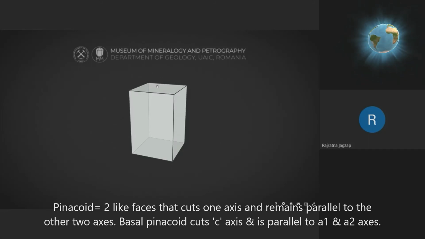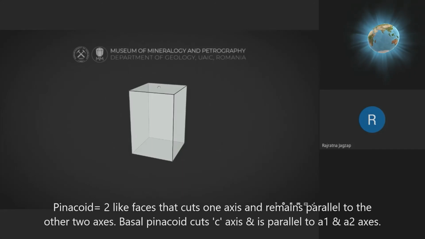Axis is vertical, face is horizontal. That means it intersects, or cuts in other terms. So the pinacoidal face cuts the vertical axis and remains parallel with the rest of the two axes.